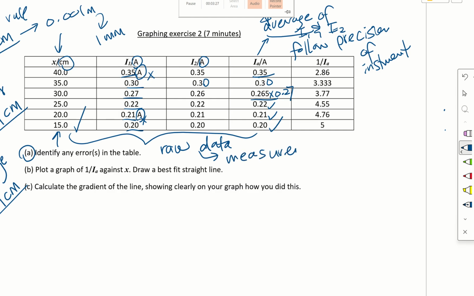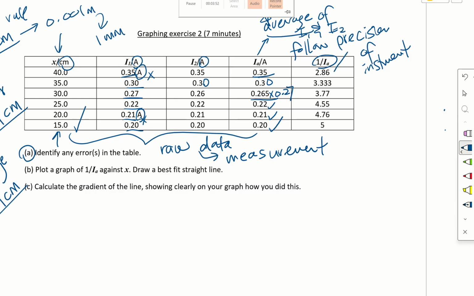Okay, if we look at the last column, it is 1 over IA. That means 1 over the average of the current, right? Maybe they need us to do the inverse of the average of the current. And one error is that all should have units.